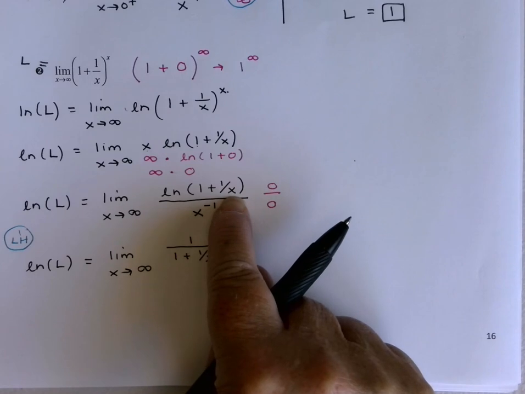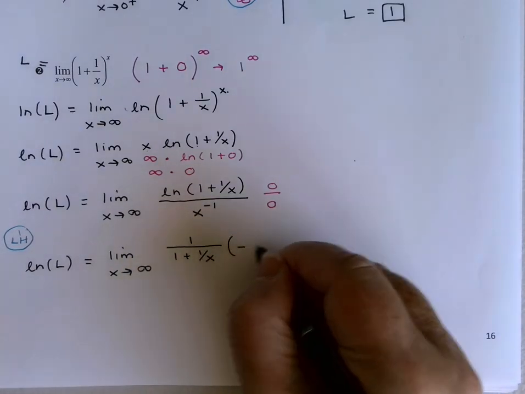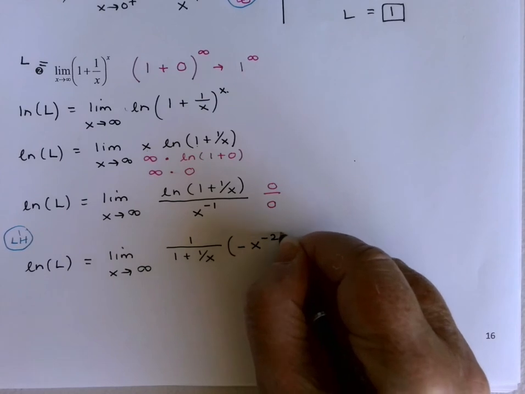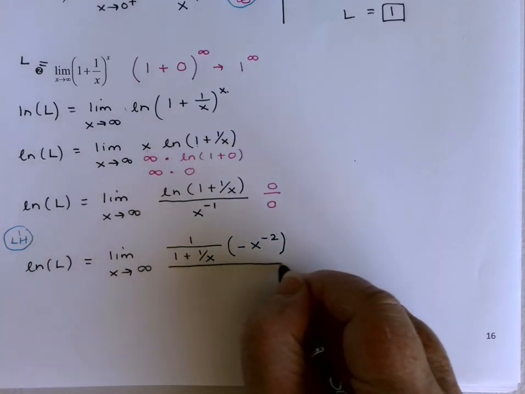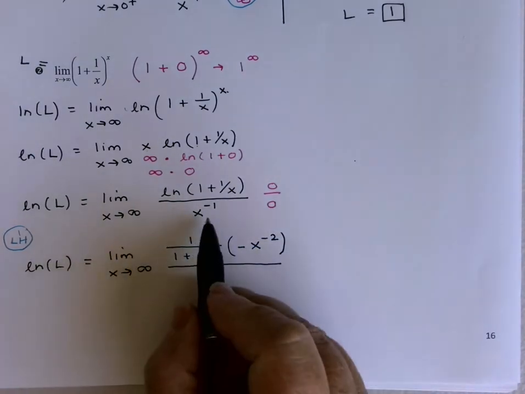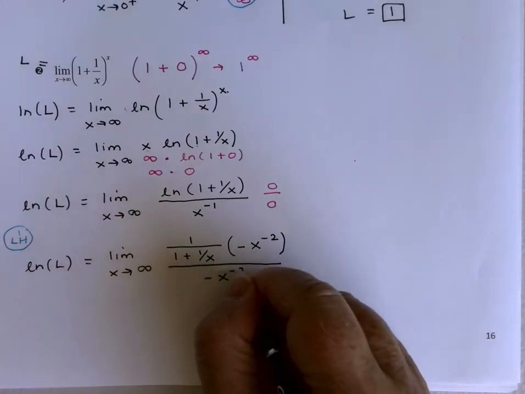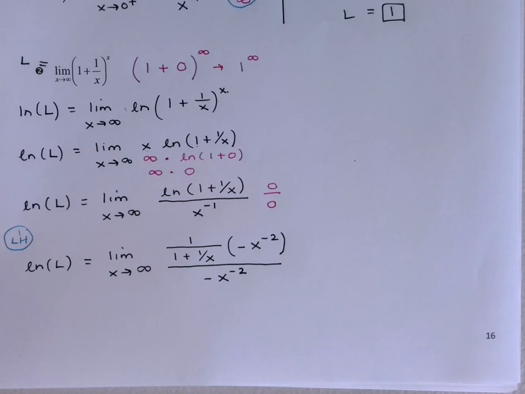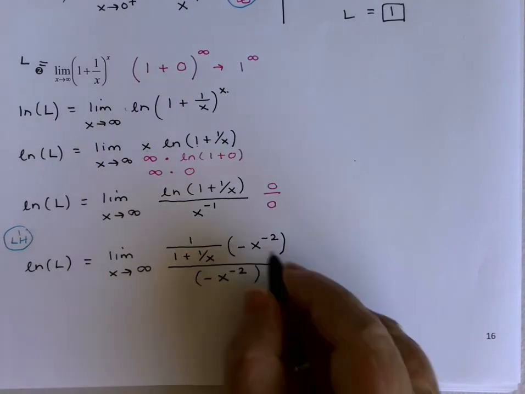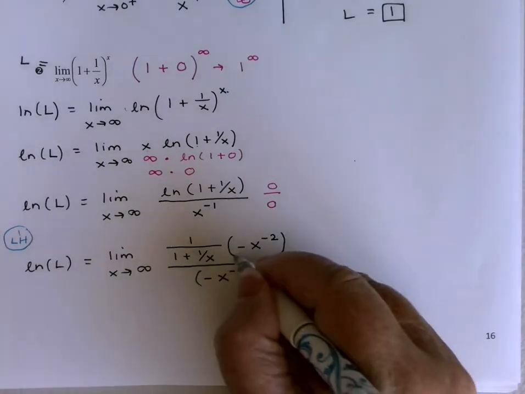That's really x to the negative first. So minus x to the negative second would be its derivative. In the denominator, I've got x to the negative first, so minus x to the negative second, its derivative as well. And that couldn't have hardly worked out better, right? Those, of course, can be divided out.